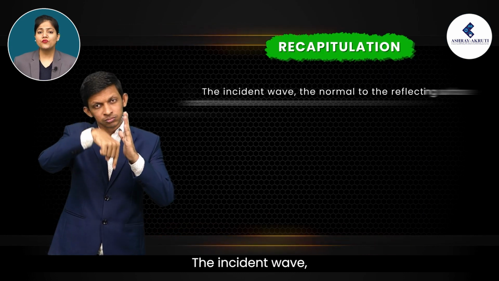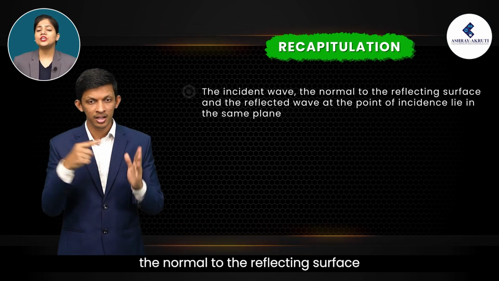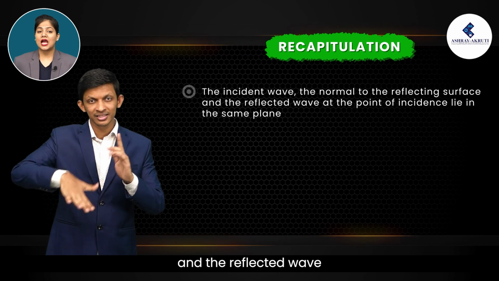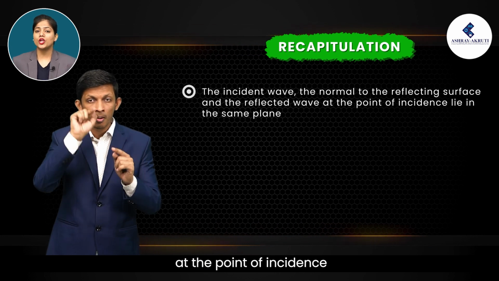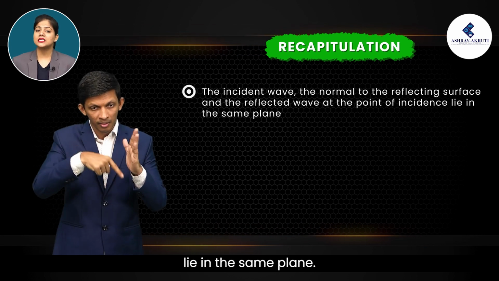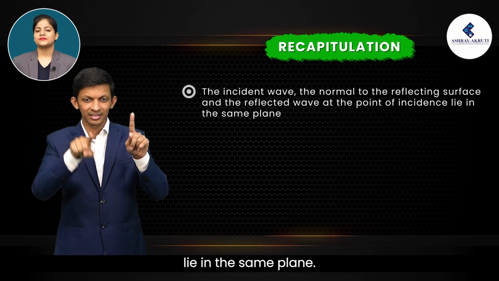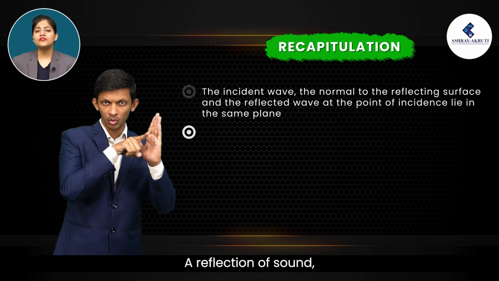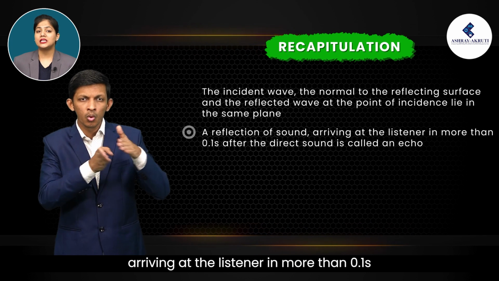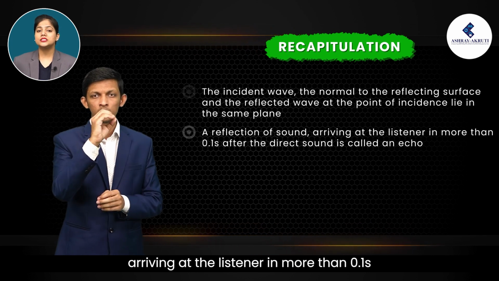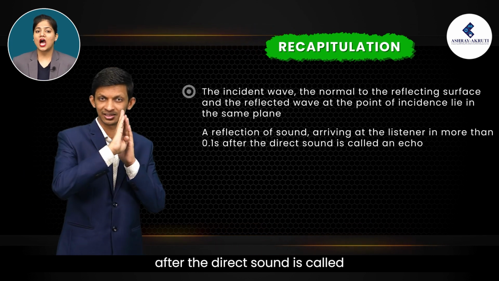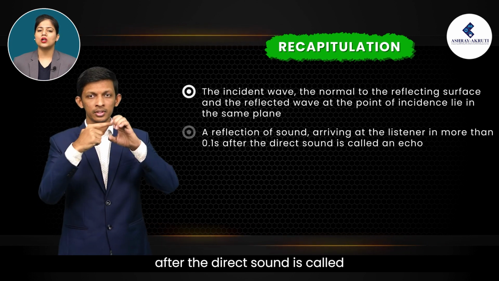Recapitulation. The incident wave, the normal to the reflecting surface, and the reflected wave at the point of incidence lie in the same plane. A reflection of sound arriving at the listener more than 0.1 second after the direct sound is called an echo.